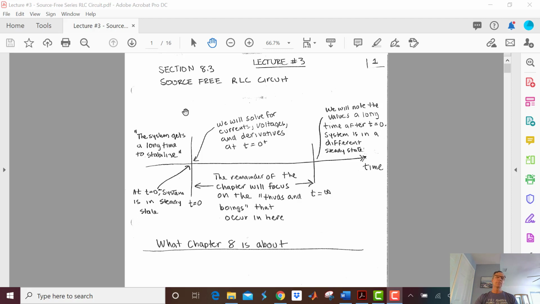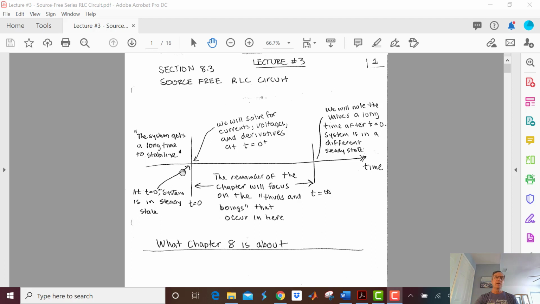In the problems that we do, the system gets a long time to stabilize. Or in other words, the system was able to stabilize starting a long time ago, but the bottom line is it got to steady state by the time we get to t equals 0.